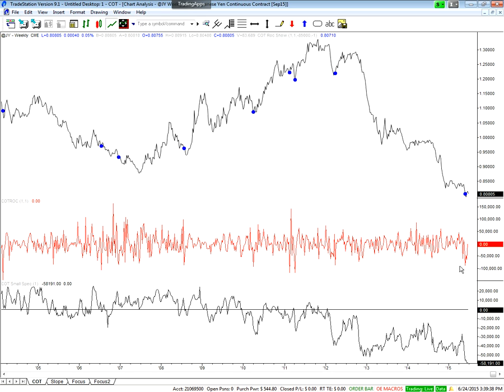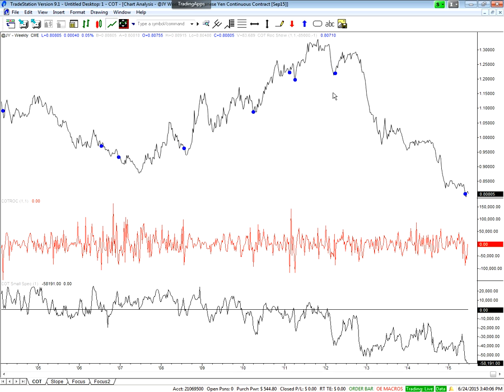When you have a really low number, it indicates that speculators sold a bunch of contracts, so their trade for that week was net short, and commercials' trade was net long. When the oscillator is really low, it just means speculators sold a ton and commercials bought a ton, and that could indicate exhaustion on the downside. In this case, that would mean exhaustion on the upside for dollar yen.